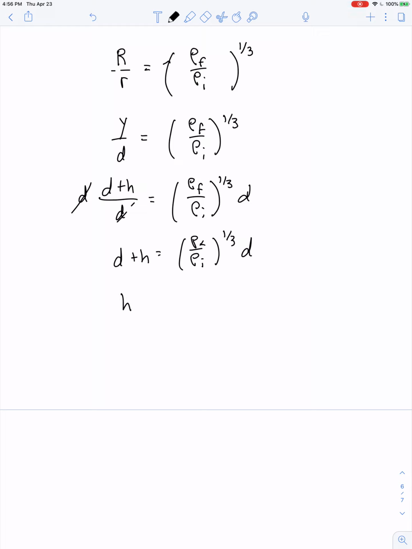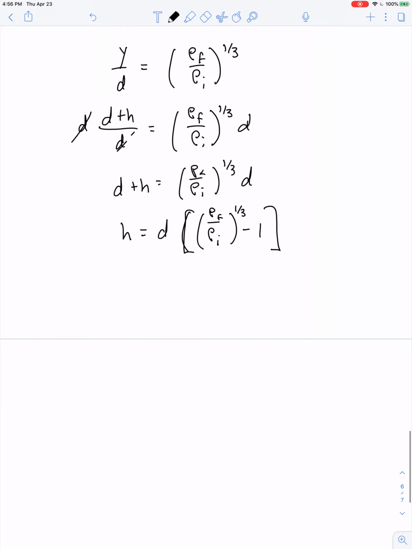So h is equal to d times the quantity, density ratio to the 1/3 power minus 1. So, finally, we get D is equal to H divided by the cube root of the density ratio minus 1.